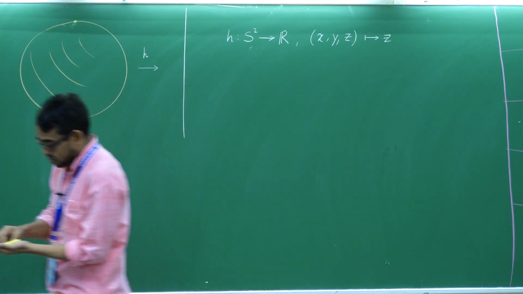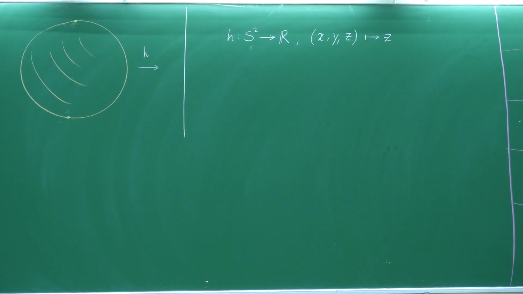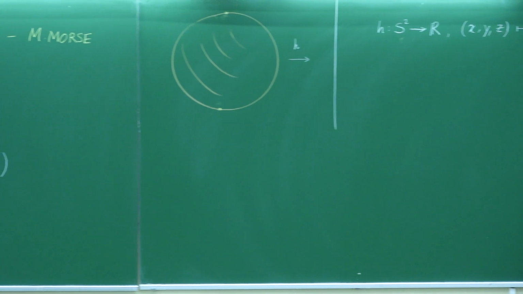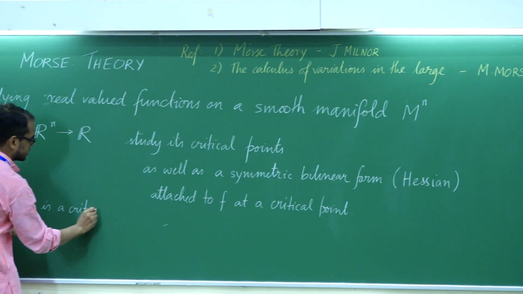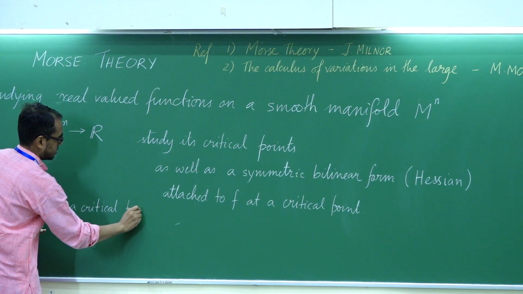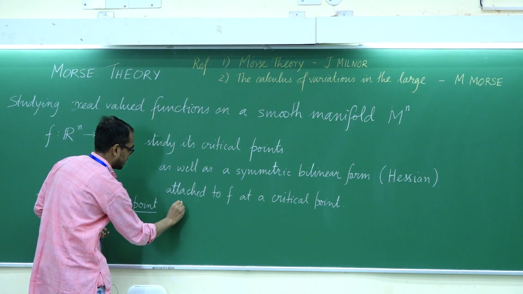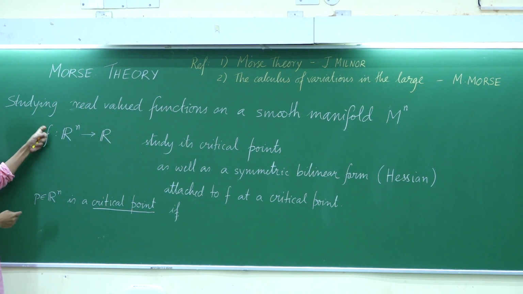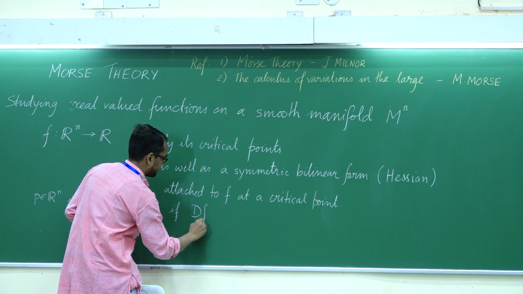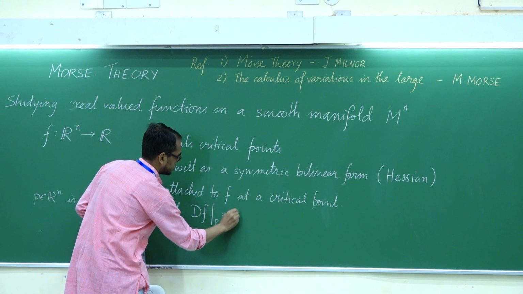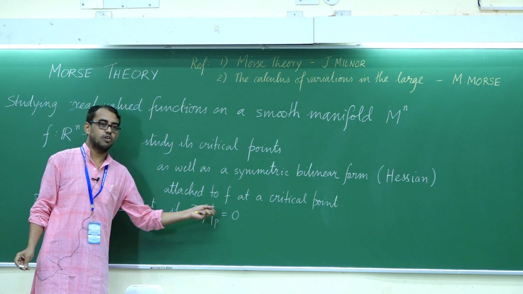So for completeness, you say that p belongs to Rn, since we are defining this from scratch. What happens? Look at the derivative, or you will think of it as saying del f by del xi at p is 0 for all xi.